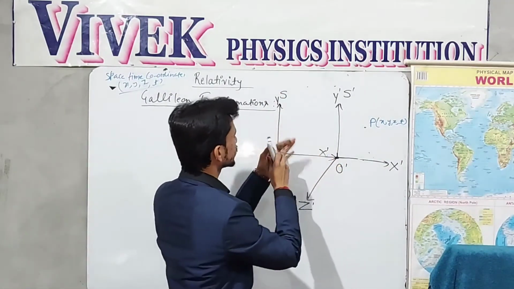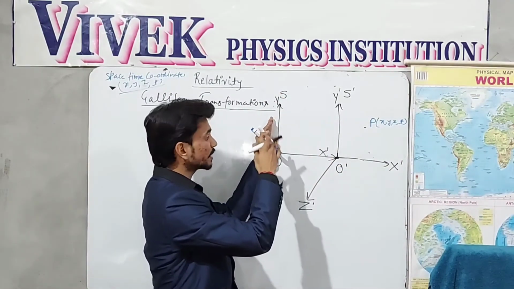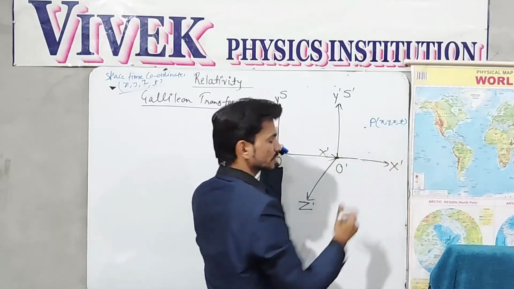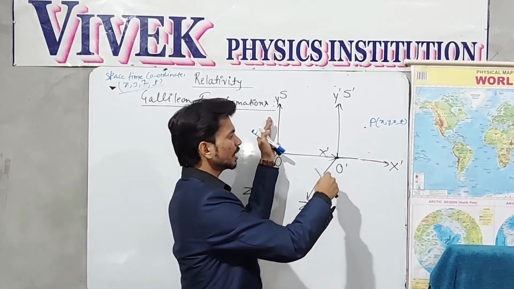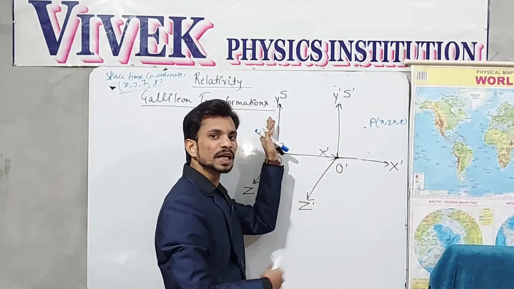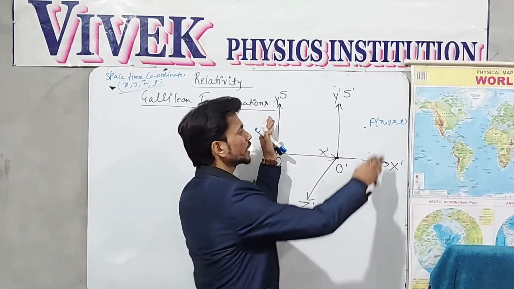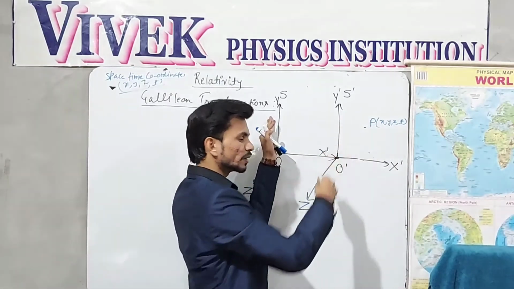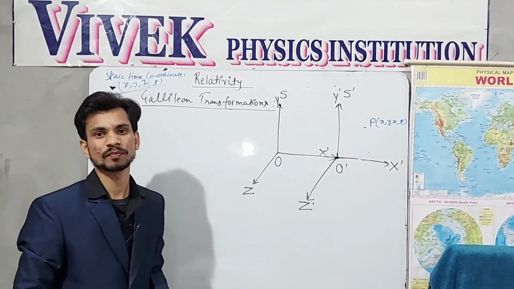This is situated here, this is at rest, and it is moving in the x-axis with velocity v. So a person in the frame of reference S dash will observe different coordinates of this particle P according to their own observations.